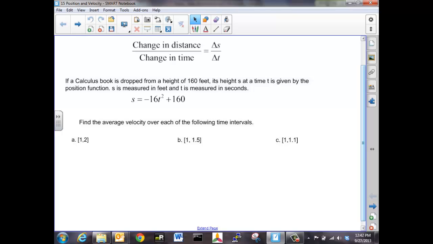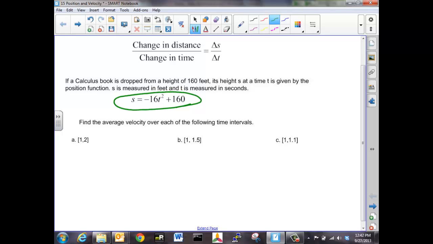The average velocity. Now, average just means just what we said. It's the average over a length of time. So I want you to take this equation right here. That's the position of the book being dropped. S stands for position. I don't know why we use S, but that's just common.